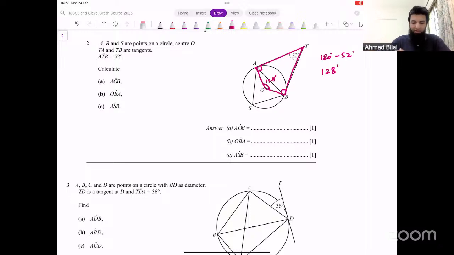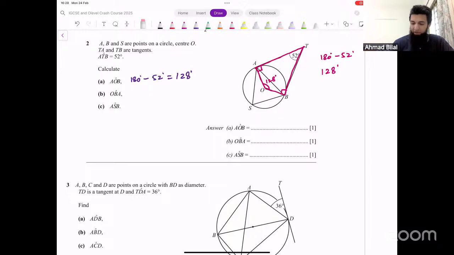Now let's see what they're asking us to find. That's the first angle that they actually want us to find, AOB. What's that going to be? That's going to be 180 minus 52 degrees, which is 128 degrees, because of that kite-like figure all the angles add up to 360. So this angle has to be 128 degrees. What about OBA now?